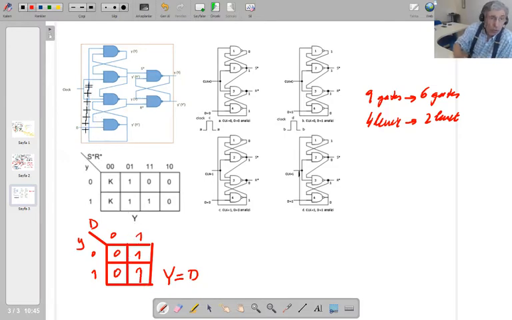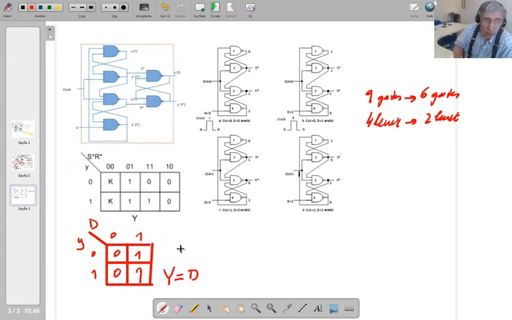So I'm going to consider that this brown framed circuit behaves as this. In addition, this is edge sensitive. So let's show it now. How am I going to show it?